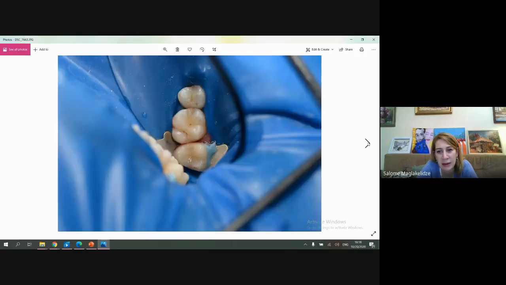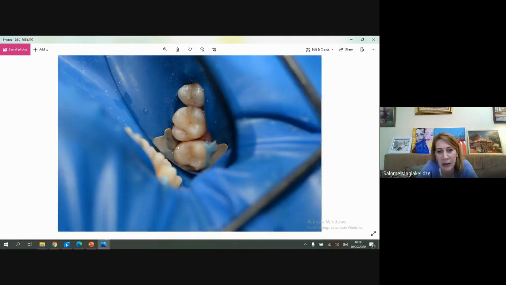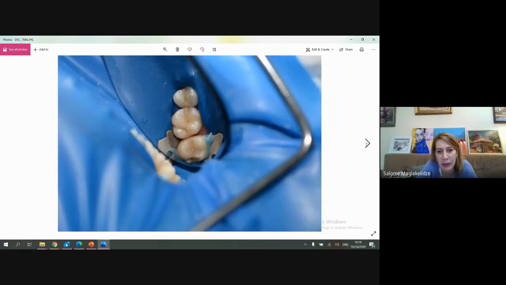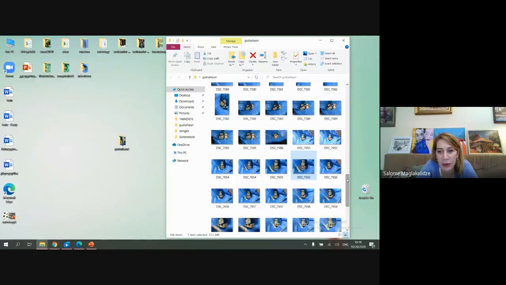And yes, that's it. So we have a nice, good restoration here, and all is covered, all is sealed. You could see and observe these brown dots here and here, and they are not a danger for us, as you understand, yes?